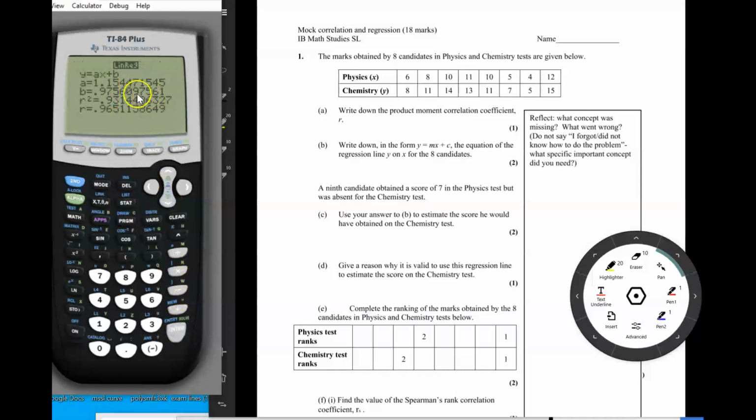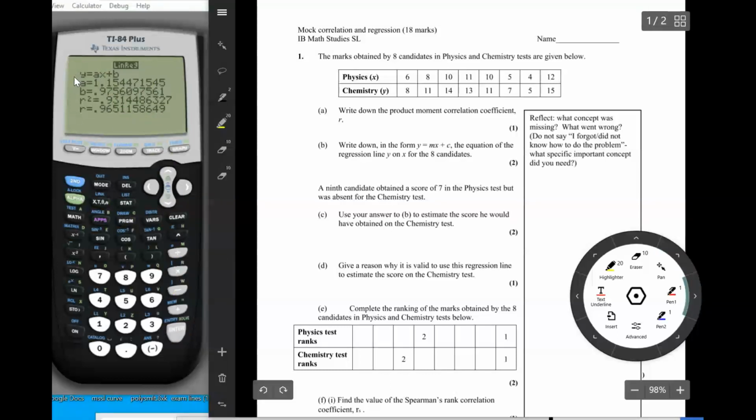And it tells us, first of all, that the equation of the line would be Y equals AX plus B, and A is 1.15. Actually, it's 1.1544. But we only want 3 significant figures, so we stop at 1.15.